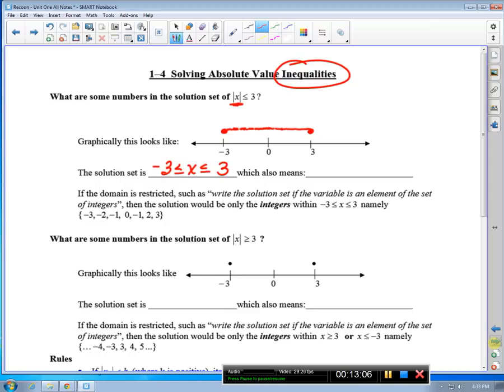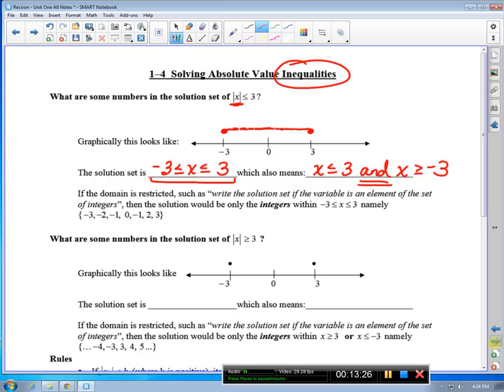Which also means you could write this as x is less than or equal to 3 and x is greater than or equal to negative 3. And is the conjunctive case. So you can write them separately or as a compound inequality.